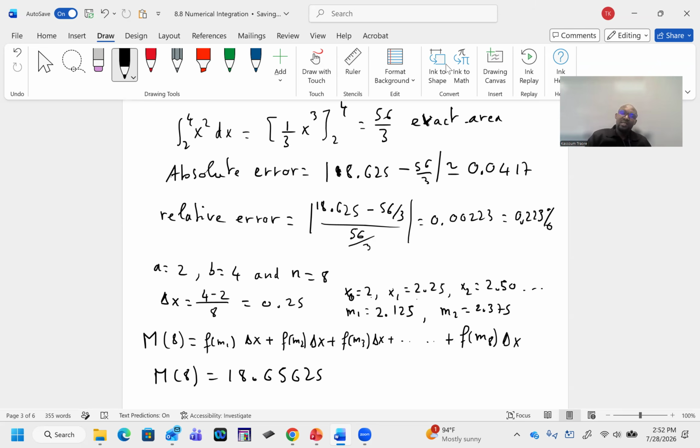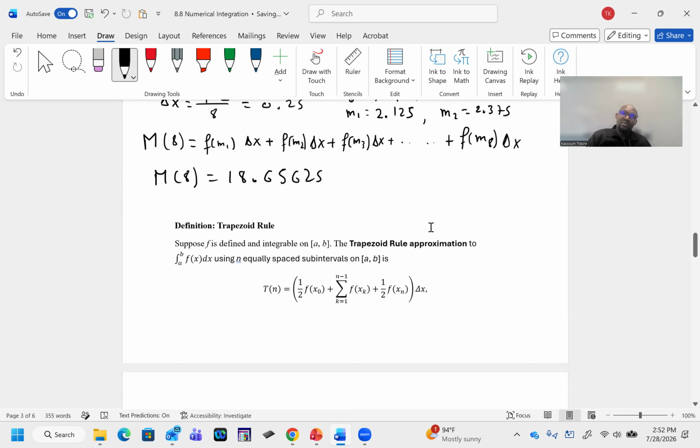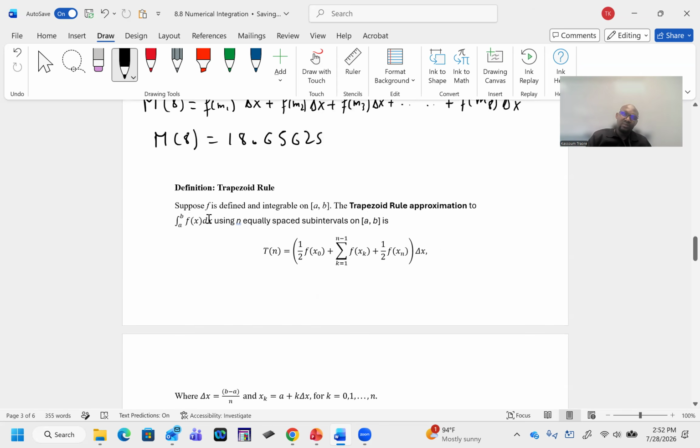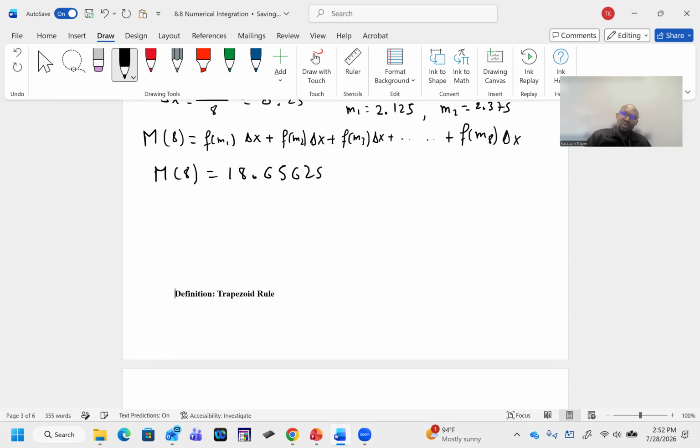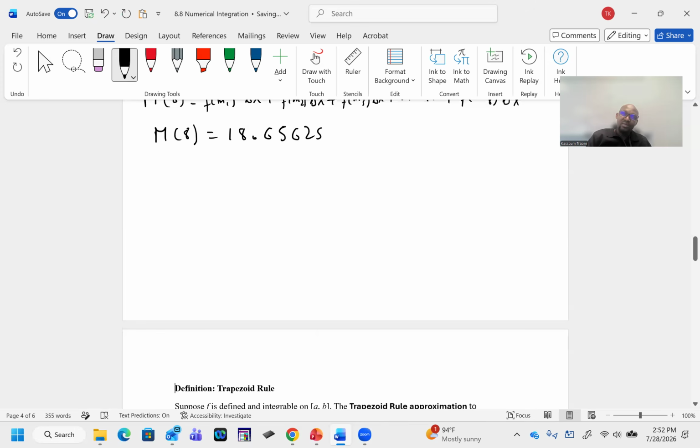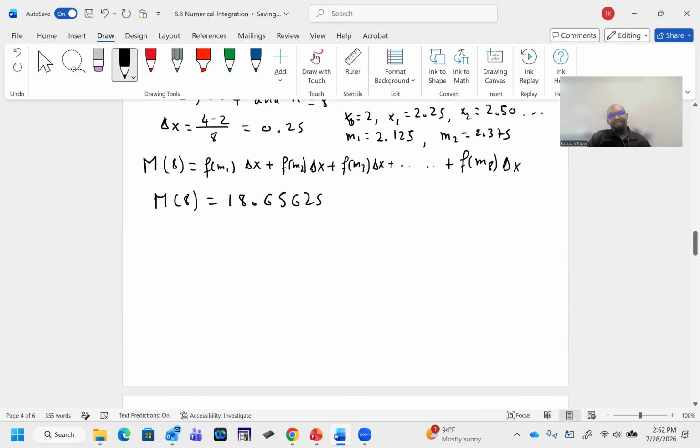So now next, let's talk about the trapezoid rule. I don't want to spend too much time because we are going to repeat the same thing, but if you want, I can write it down so you can see it before the solution.